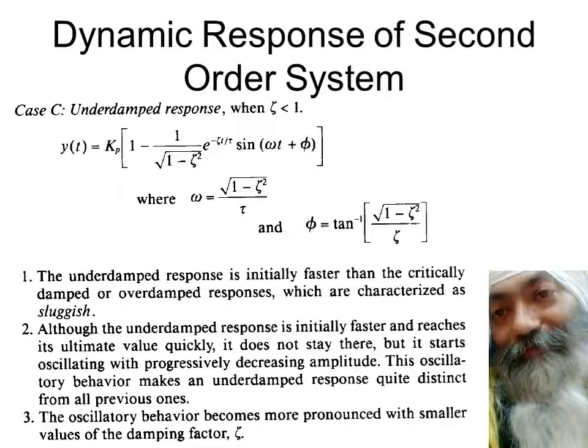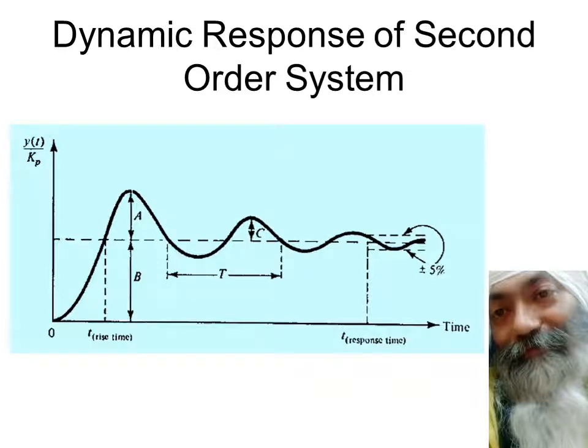They are going to decay down, but they will be having higher oscillations as such. Something which we ultimately get in terms of the underdamped response of second order system. You can say the dynamic response of an underdamped second order system where zeta is less than 1.